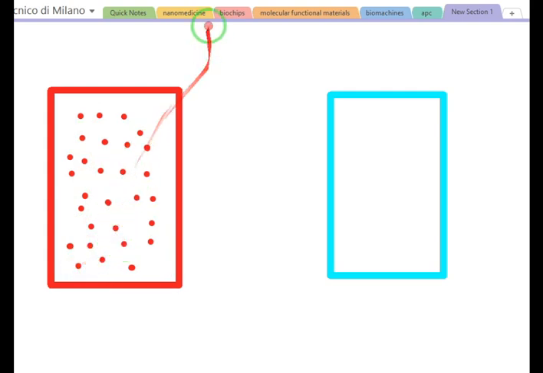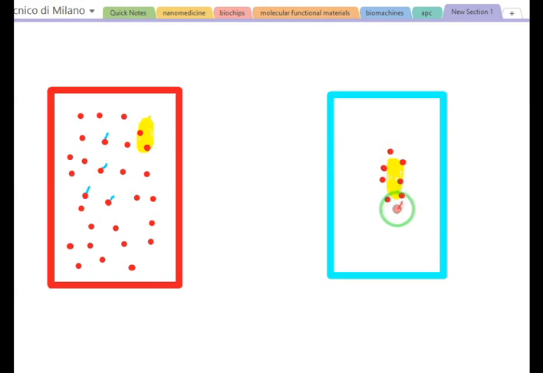Okay, now if we introduce a protein into this sample, and if the gold nanoparticles are loaded with, let's say, targeting ligands which have the affinity toward this protein, we will have the clusters of the gold nanoparticles around the proteins.